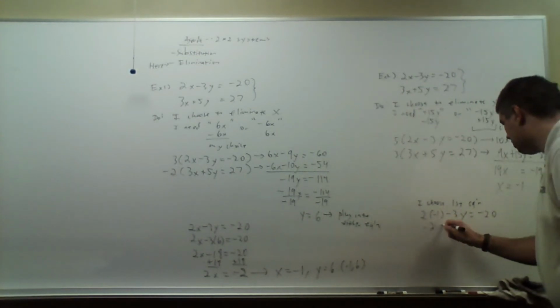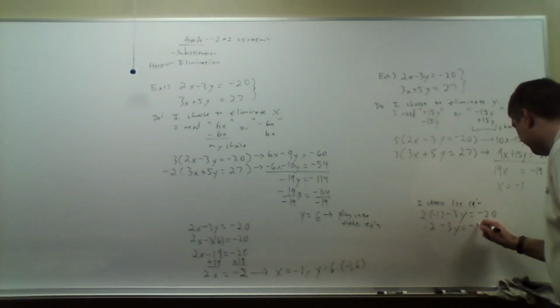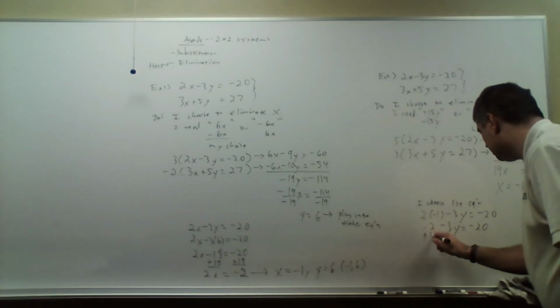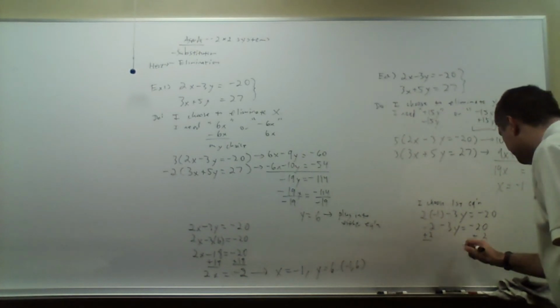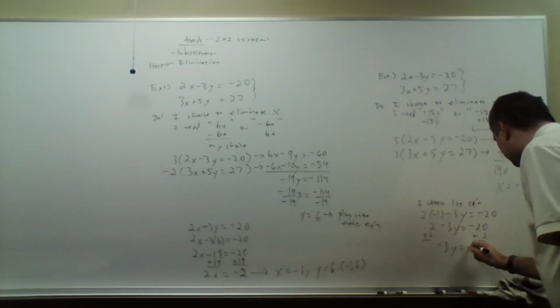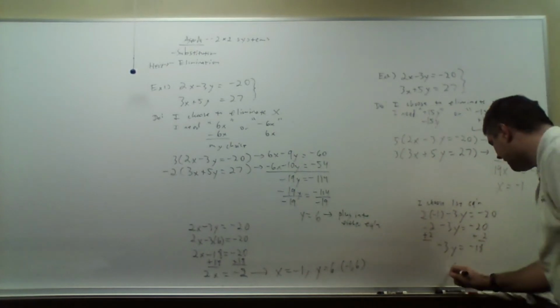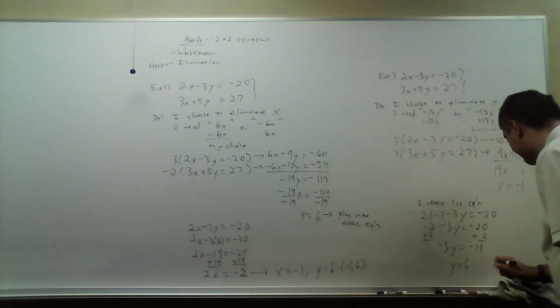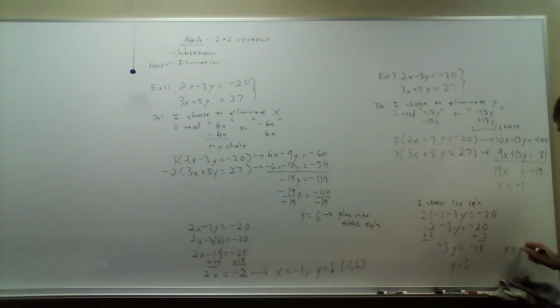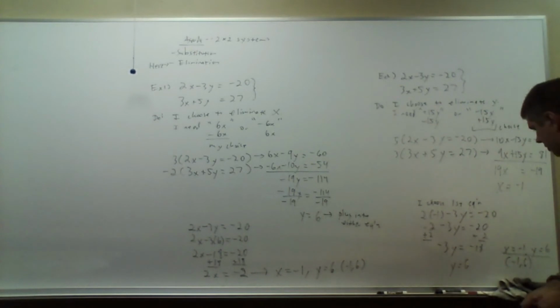That gives me negative 2 minus 3y equals negative 20. Add your 2. Negative 3y equals negative 18. Divide off the negative 3. Y is positive 6. So x equals negative 1, y equals 6. Negative 1, 6 in ordered pair notation.